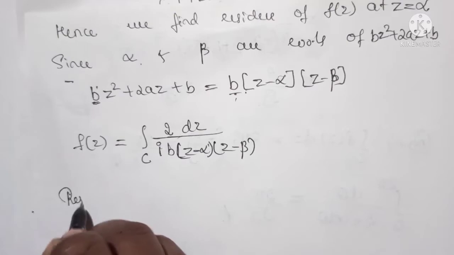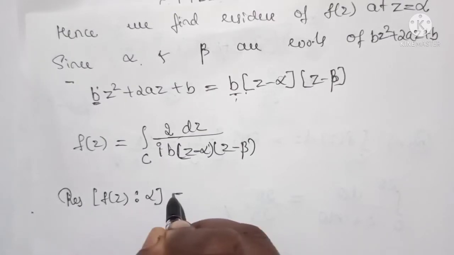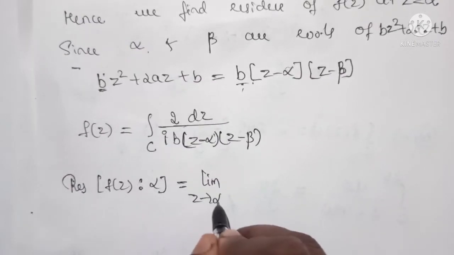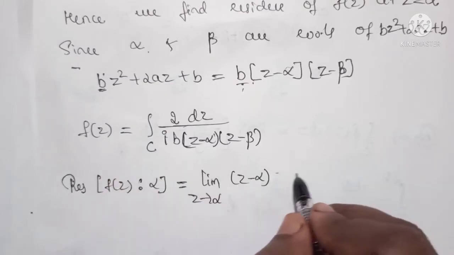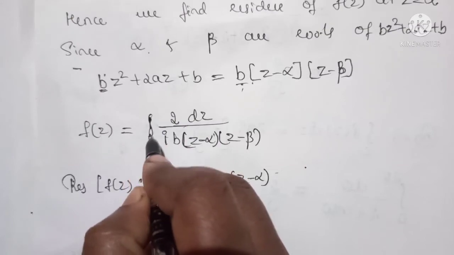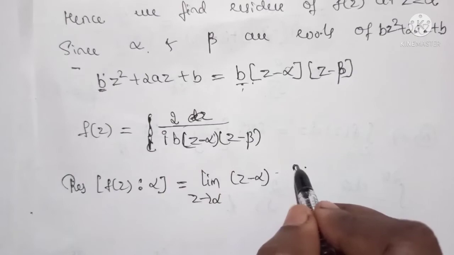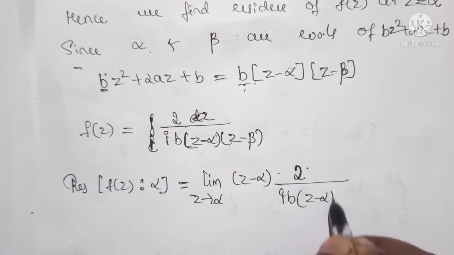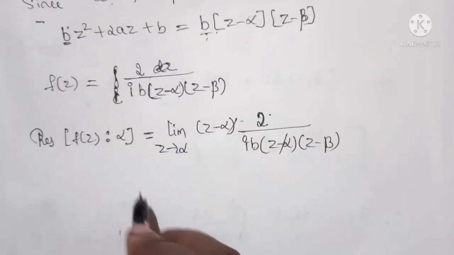So residue of f of z at z equals to alpha is equal to limit z tends to alpha of z minus alpha times f of z. Here we don't write the integral, so it is 2 divided by i b z minus alpha z minus beta, and z minus alpha gets cancelled.